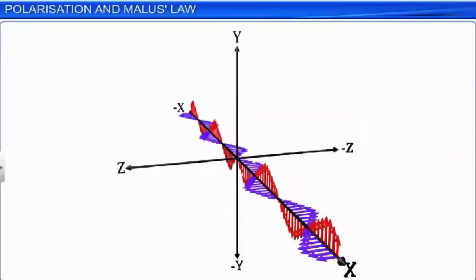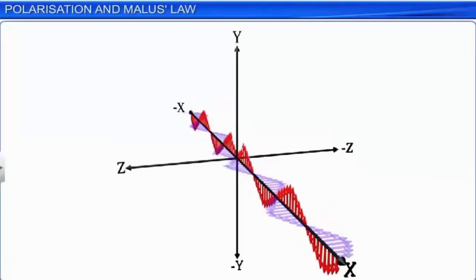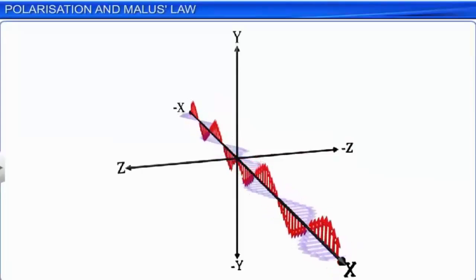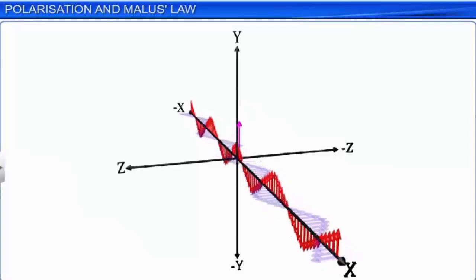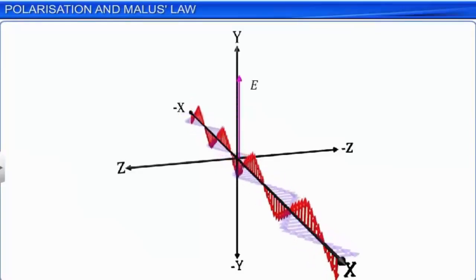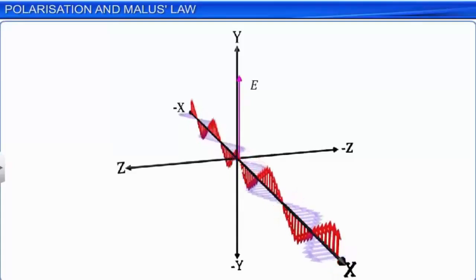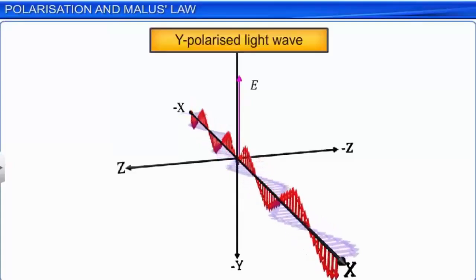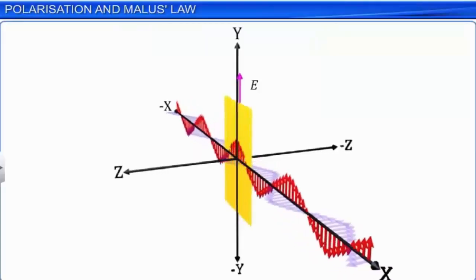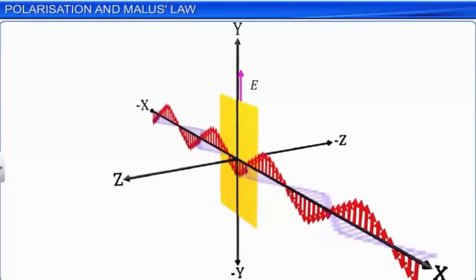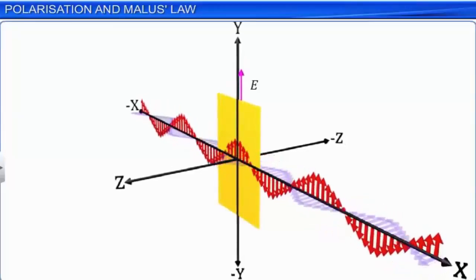In the case of light waves, the direction of the electric field E is the direction of the polarization of the wave. For example, if E is always along the y-axis, then the light wave is a y-polarized wave. The plane determined by the E vector and the direction of propagation of the wave is called the plane of polarization of the wave.